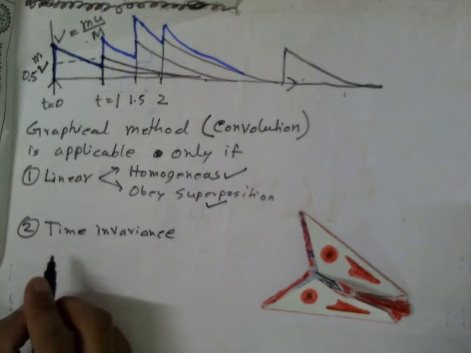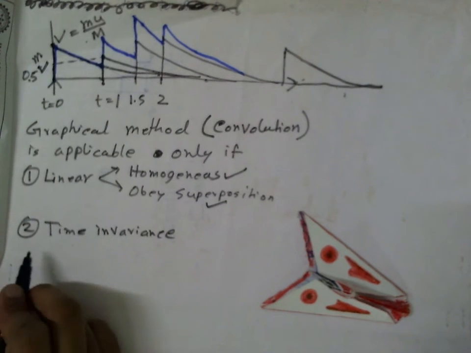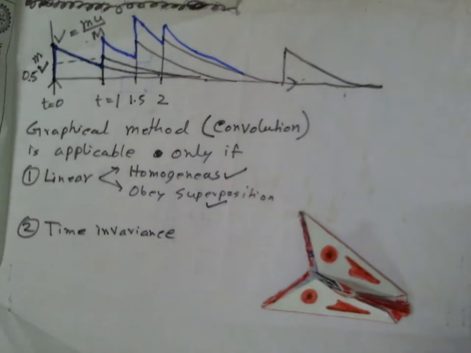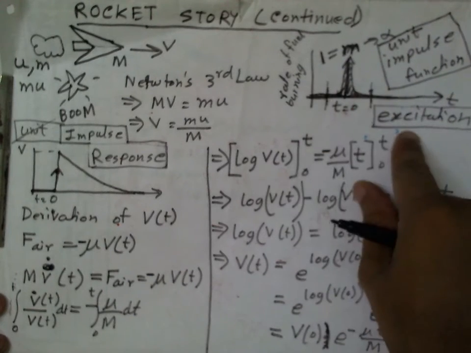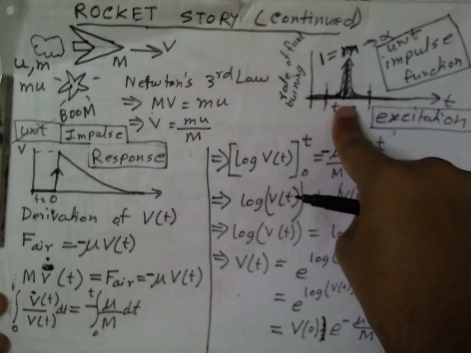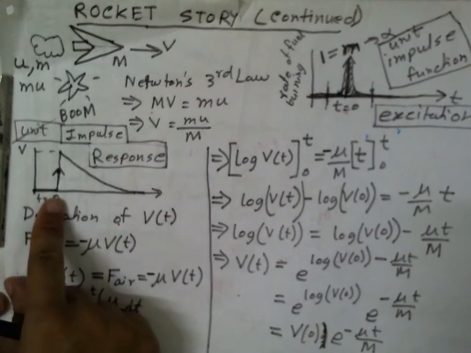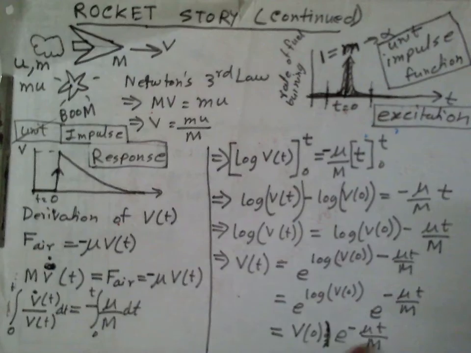So let me quickly summarize what we have discussed so far. We have discussed what an excitation function is, what an impulse function is, what we mean by impulse response, simply the response to the impulse.